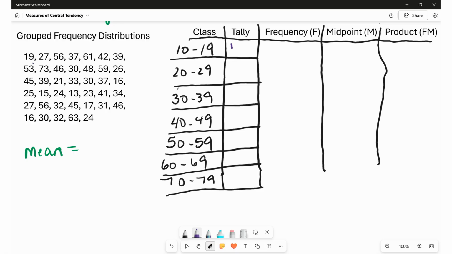That's in the group 10 to 19. Then we have 27. That's in this group. So I'm just putting a tally mark in there. 56 goes down here in the group from 50 to 59. 37. Where would 37 fall? 37 would fall here in between 30 and 39. 61. And we are going to do this for every data value.